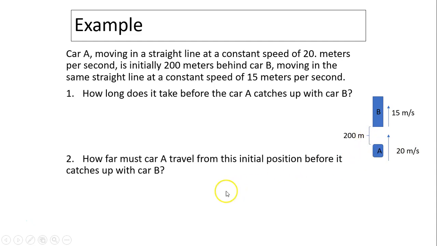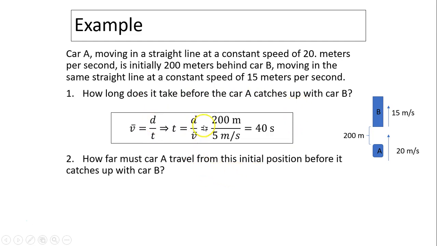It's 200 meters apart. How long does it take before car A catches up with car B? Again, time is distance divided by relative velocity. Because you're traveling in the same direction, the relative velocity is the difference between the two. So 200 divided by 5, you have 40 seconds.